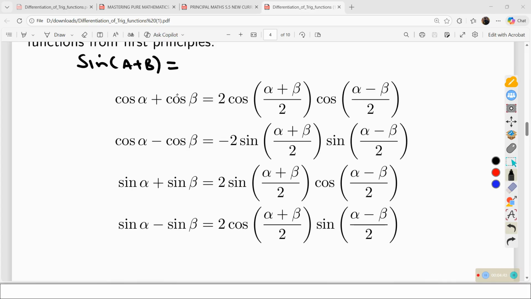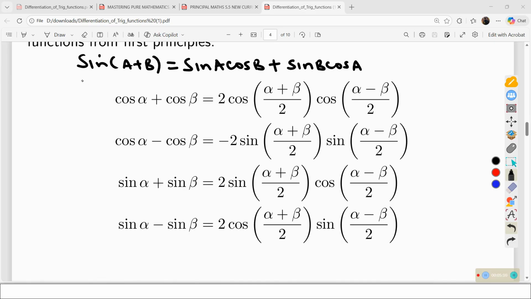Sine of A plus B, how do we expand this? It is sine A cos B plus sine B cos A. Okay, thank you. So that is basically how we expand sine of A plus B.